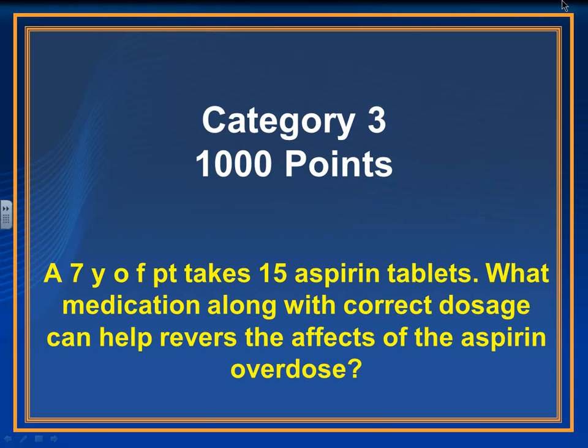A 7-year-old patient takes 15 aspirin tablets. What medication, along with the correct dosage, can help reverse the effects of aspirin? When you have an aspirin overdose, what do the patients normally complain of? With aspirin? What is aspirin? It's an antiplatelet.